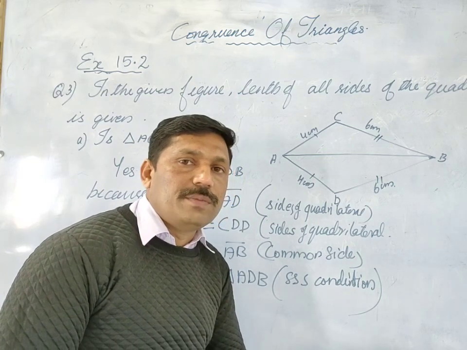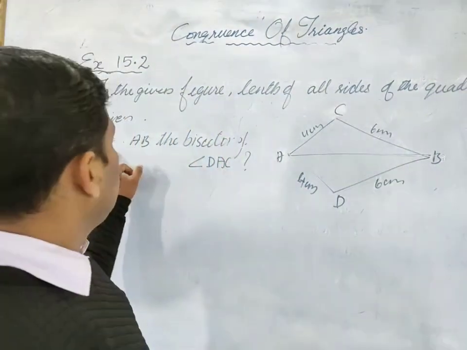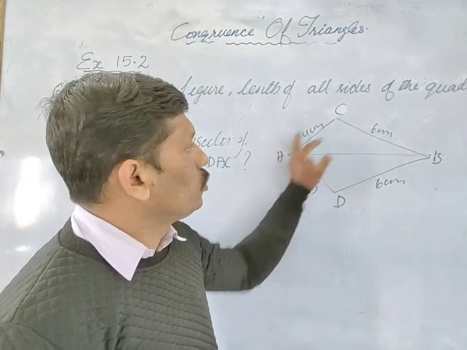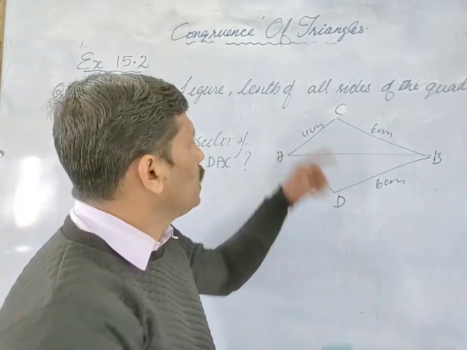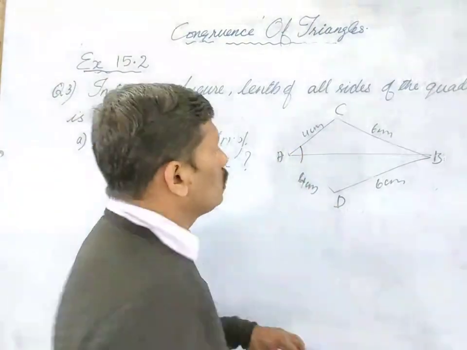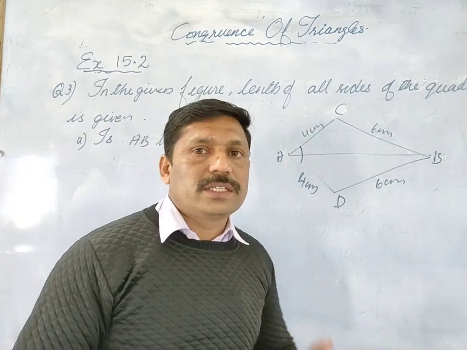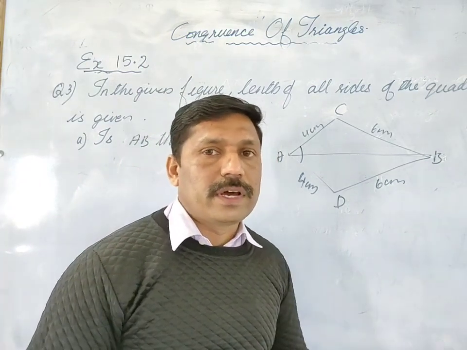Okay, students. Now we move to question B. The question is: is AB the bisector of angle DAC? This line AB is the bisector of this angle DAC. That means this angle is divided into two equal parts or not. A bisector means a line that divides an angle or any figure into two equal parts.